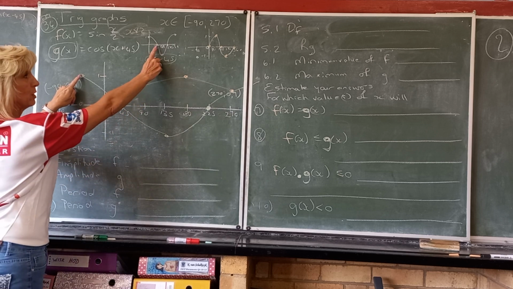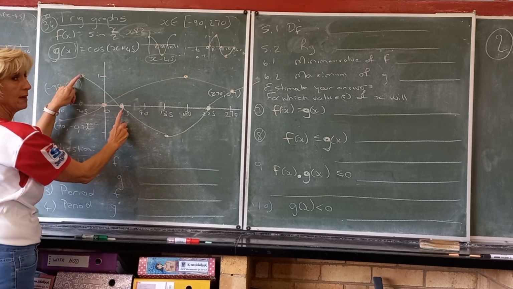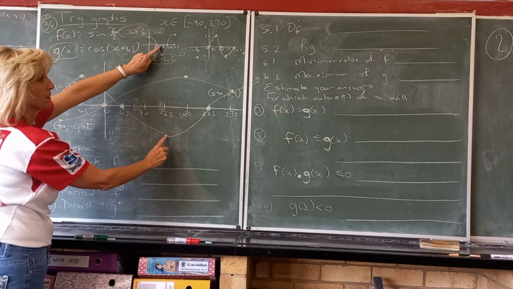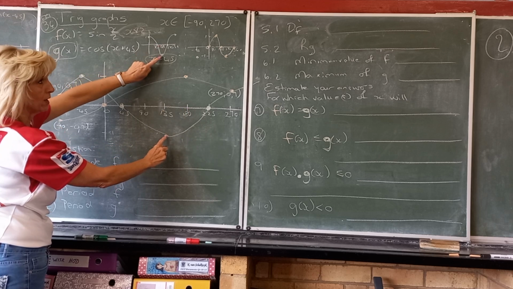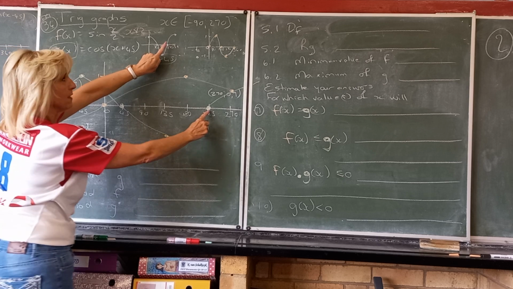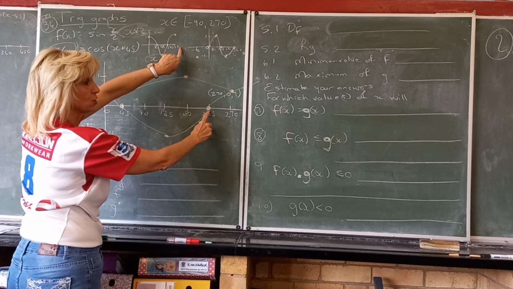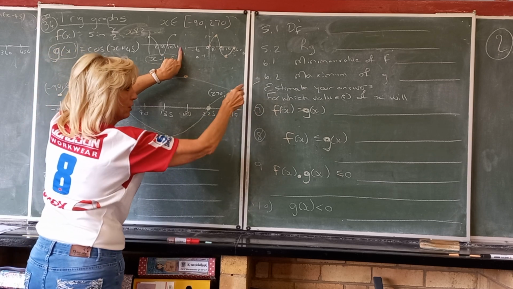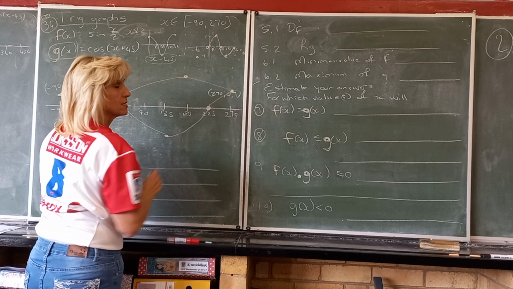The next one won't be at 90, it will be at 45. The next one won't be at 180, it will be at 135, also still at negative 1. Then 270 is now going to be at 225. And the next one at 360 should have been at 315, but it's also off the chart here. Going over there, but I've got to stop.